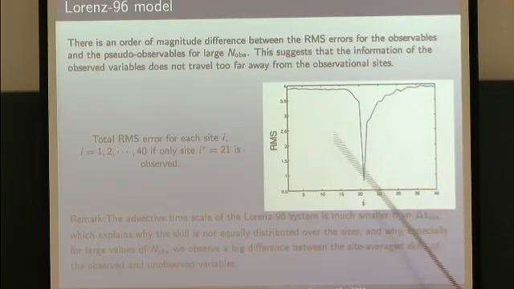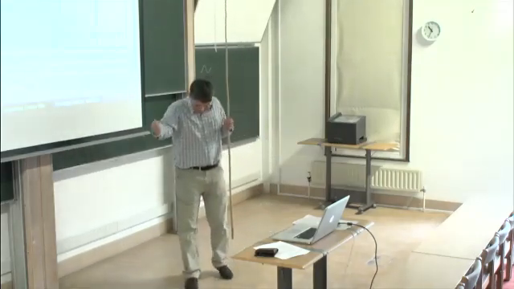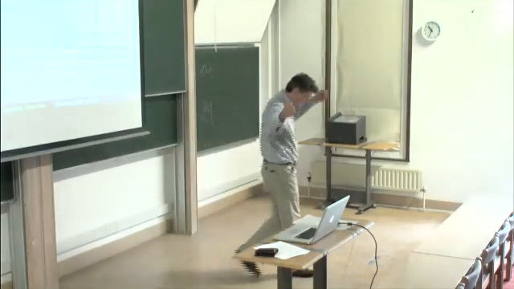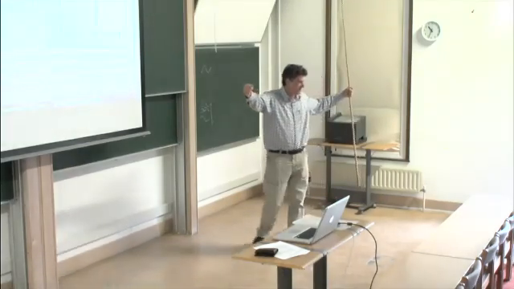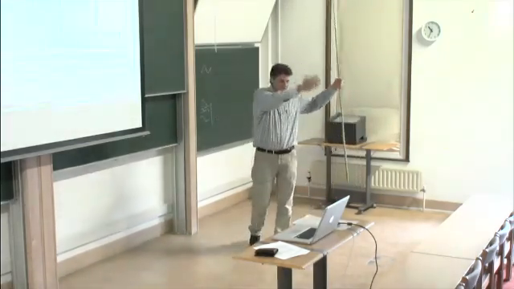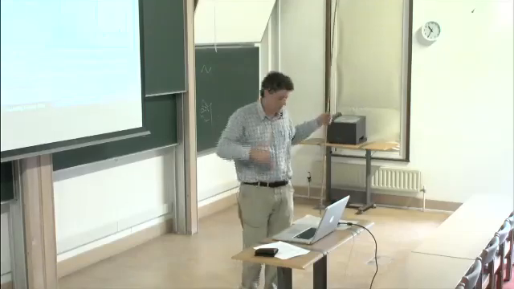So this shows you there's still a trade-off: if the space dimension of your pseudo-observer is too large, if you have too many sites that are unobserved between two observed stations, then the error will be too large because you accumulate a lot of error on those many points where you don't observe.